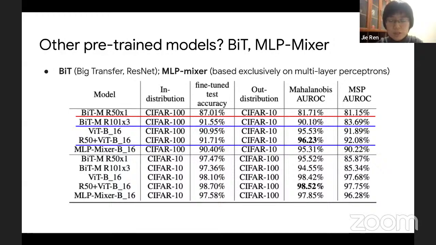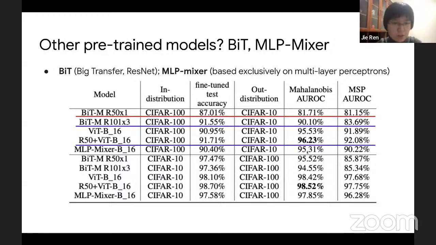Notice that if we use BiT R50, the performance is not that good. But if we use BiT R101x3, the bigger BiT model, the OOD detection performance is much improved. It is still lower than ViT, but much improved over the smaller BiT model.